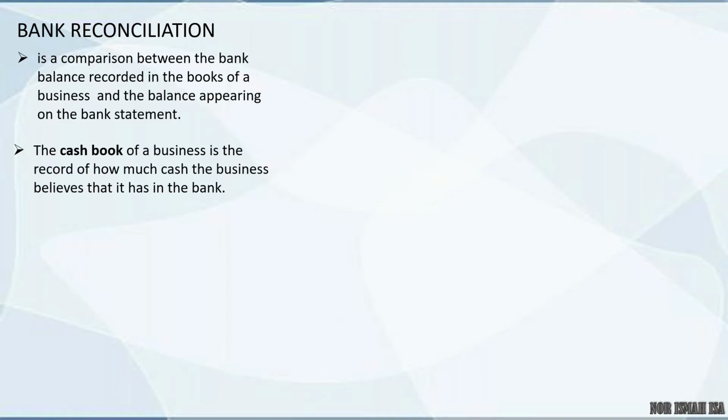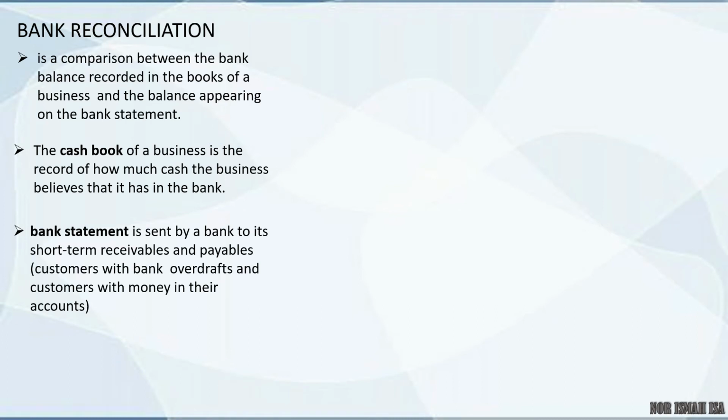The cash book of a business is a record of how much cash the business believes that it has in the bank, whereas the bank statement is sent by the bank to its customers, with bank overdraft and customers with money in their accounts.